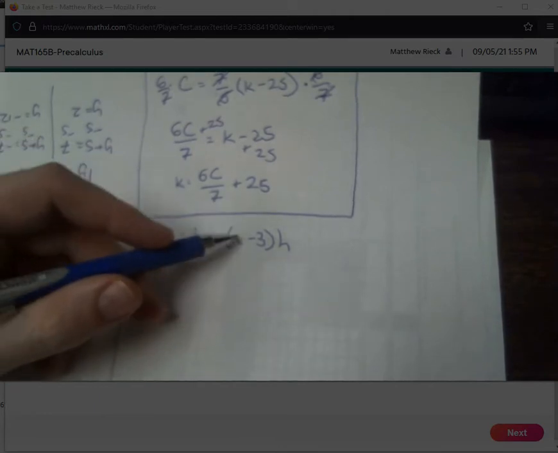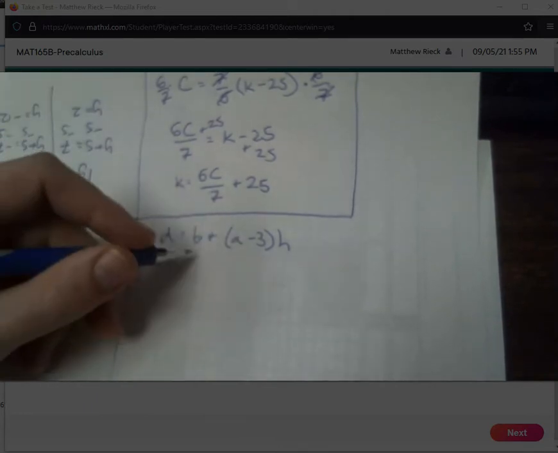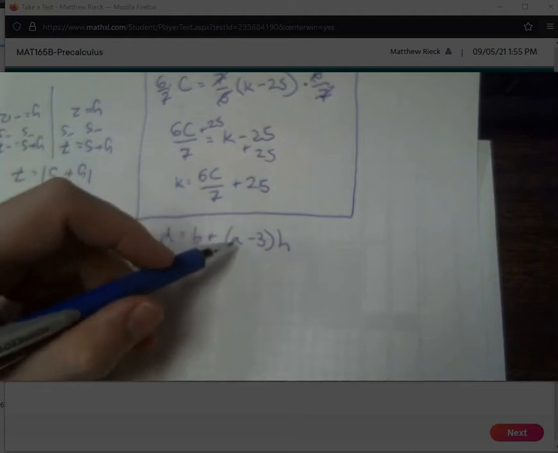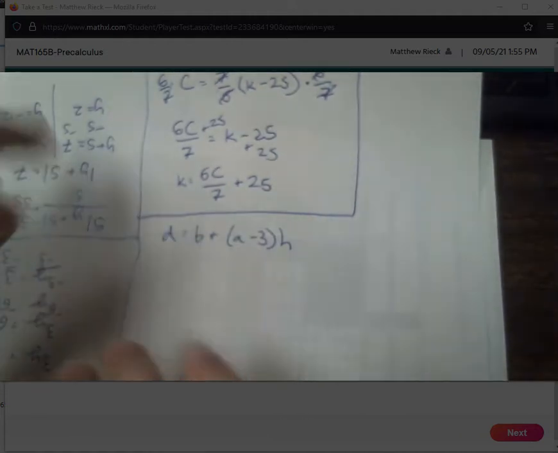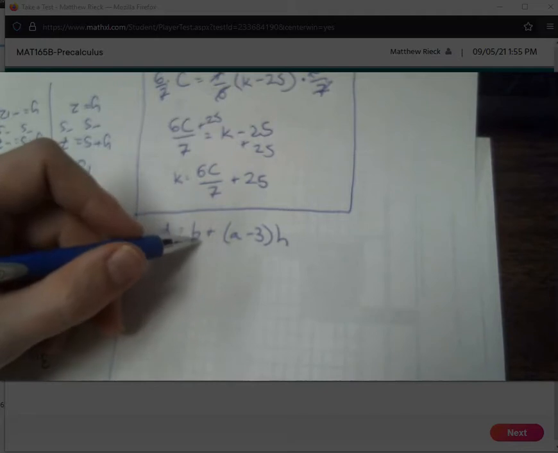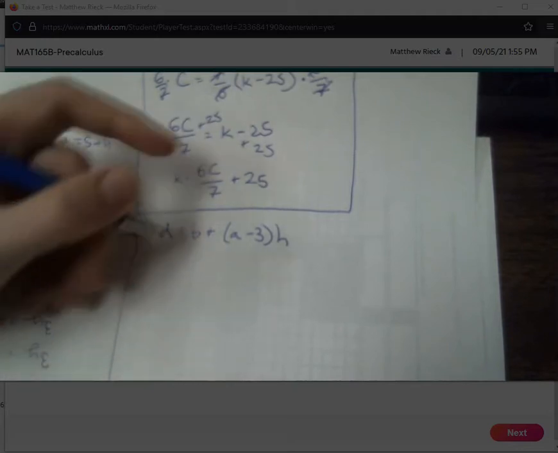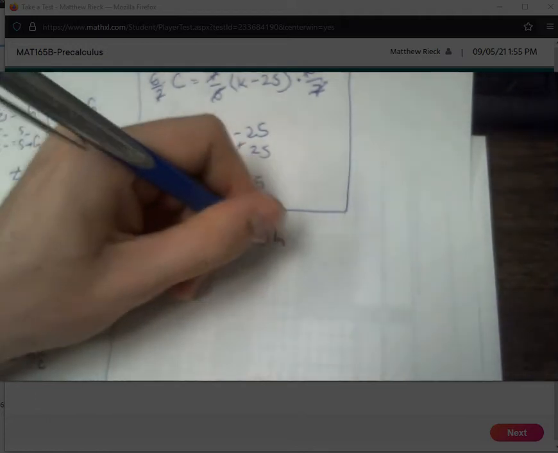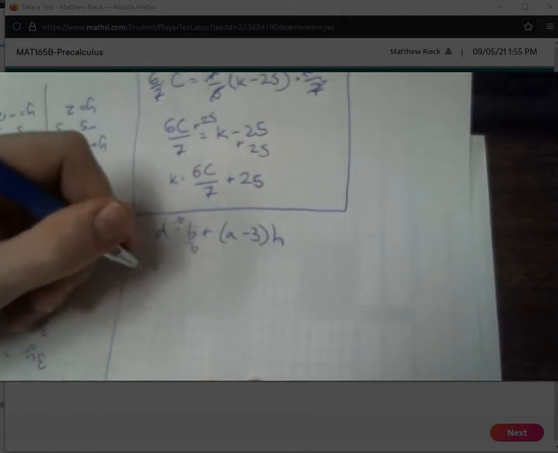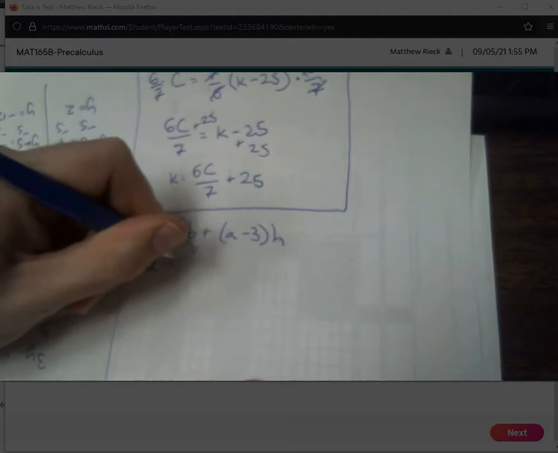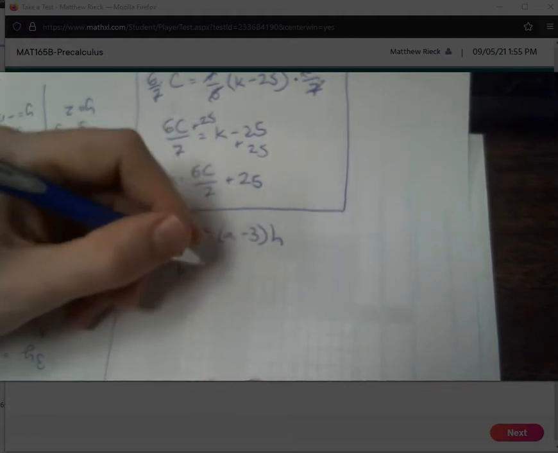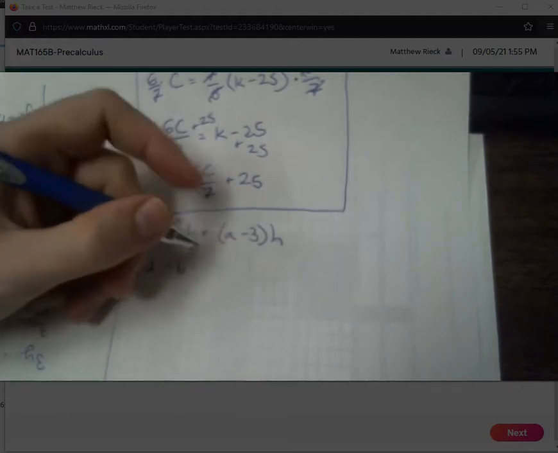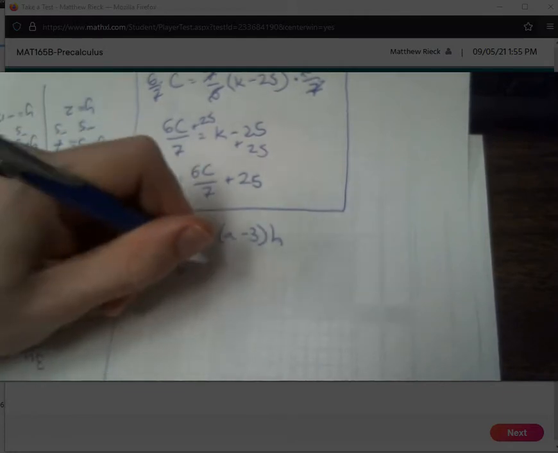My first step here would be to get everything containing my variable on one side, everything else on the other side. So I can subtract b from each side, and I can go and distribute this h through. So you have d minus b equals, on second thought, I don't think I will distribute the h through.